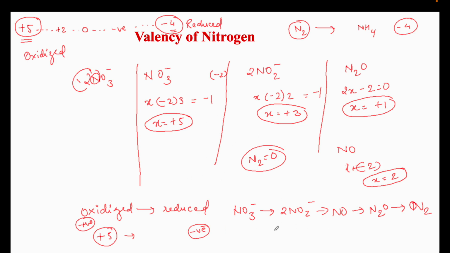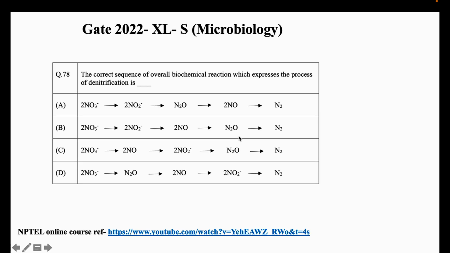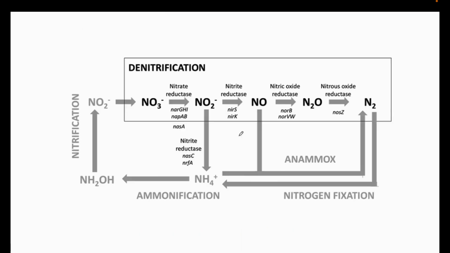So you can just calculate the valency and decide how to place this pathway, how to rearrange this nitrogen denitrification pathway. You no need to remember, just based upon the valency you can decide. So here we have a denitrification process.